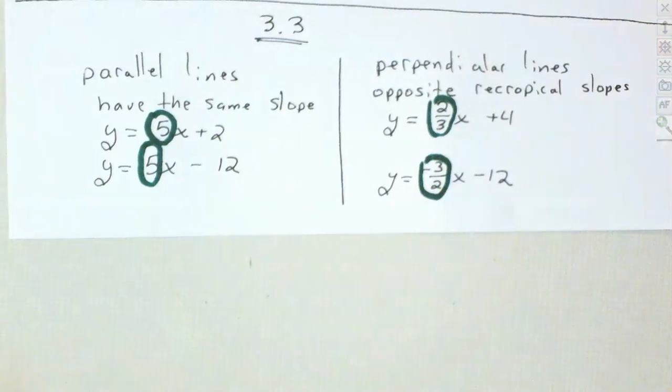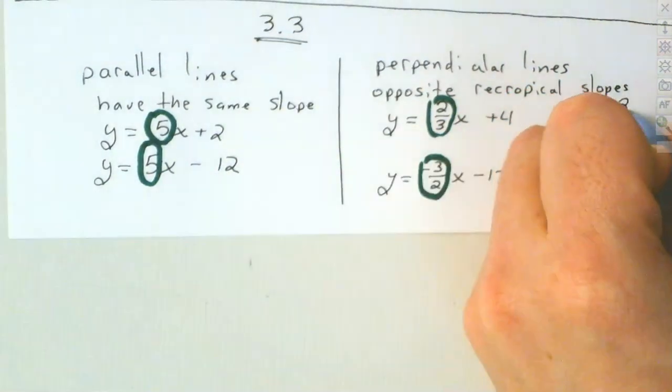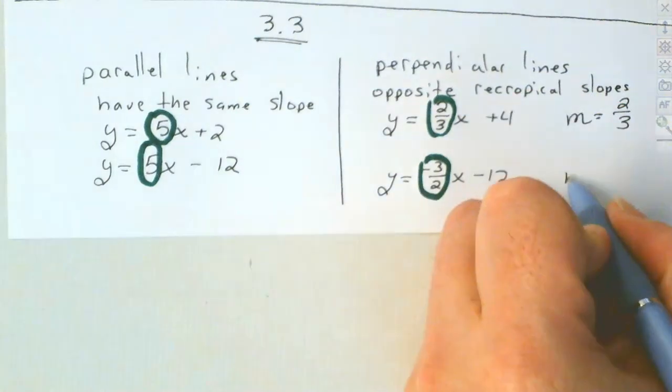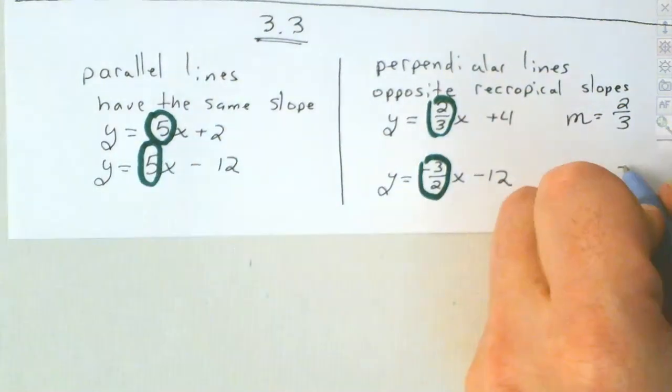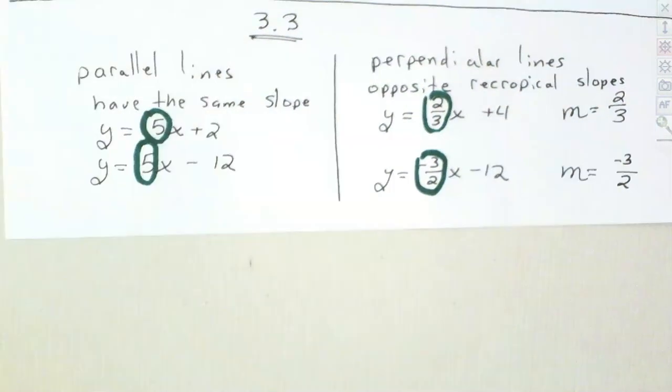So this top one, its slope is a positive 2/3, right? And the bottom one, what is its slope? Negative 3/2. Now, when I mean opposite, what does opposite mean? Different signs. Okay, so one of these has to be positive, the other one has to be negative. And what do I mean by reciprocal?